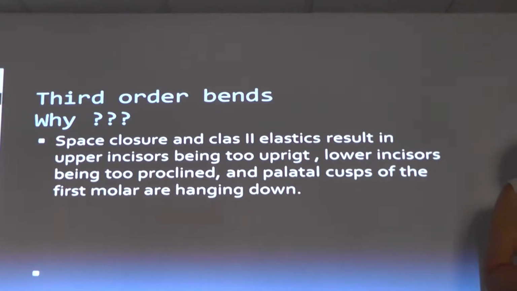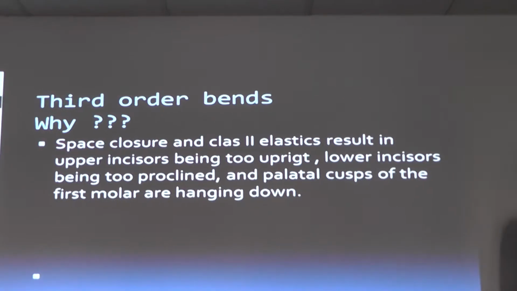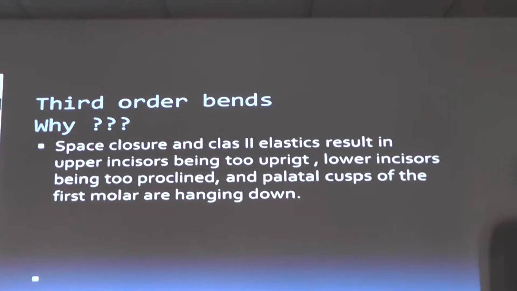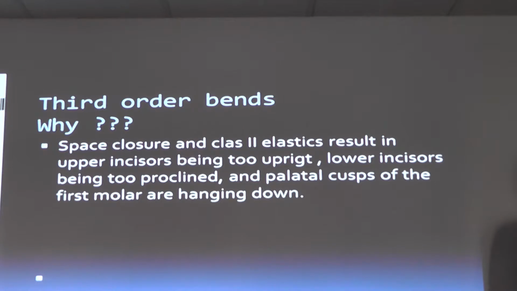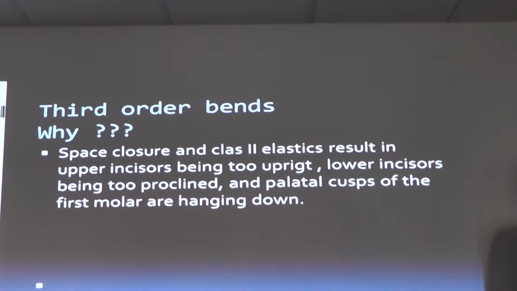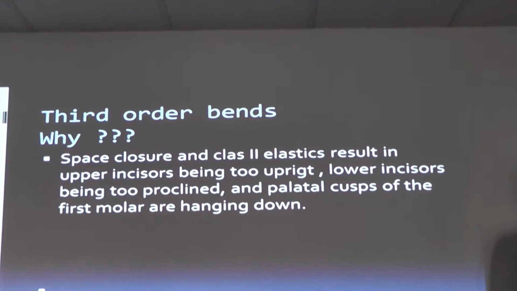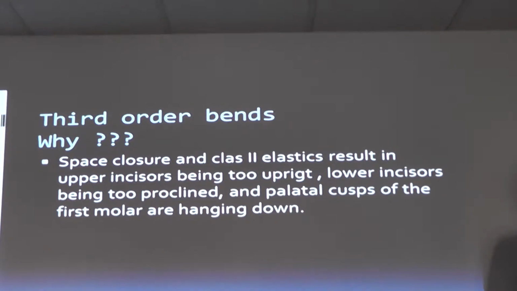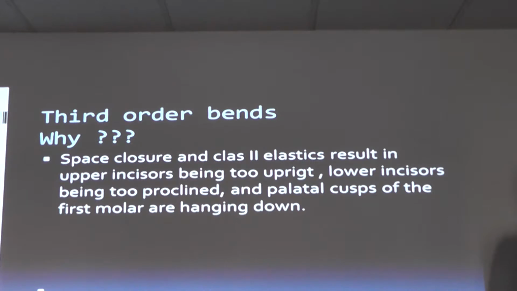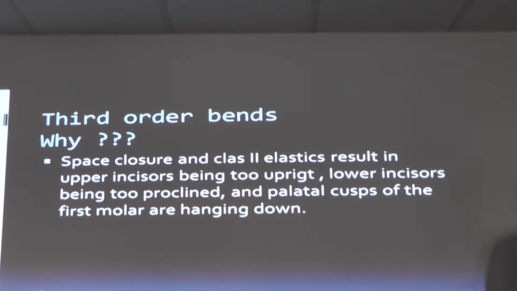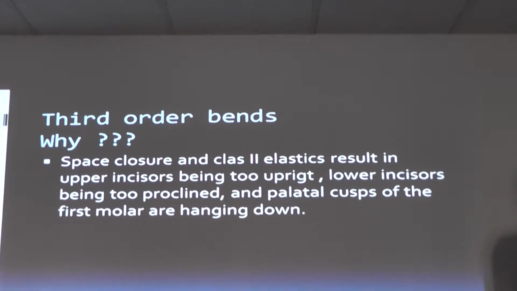But we are orthodontists, and we can't leave our appliance to do what we have to do, because we have a different prescription, but the patients are different, and we cannot prescribe to predict what will happen with our patient.